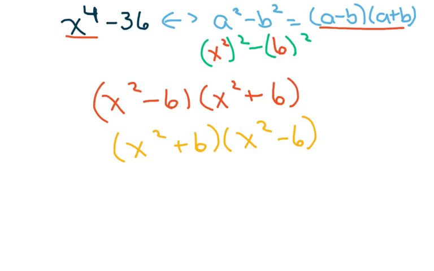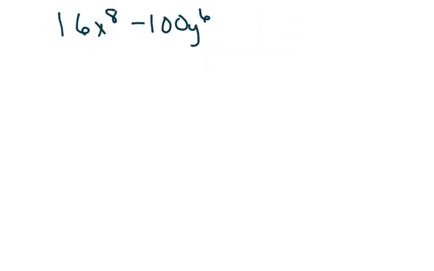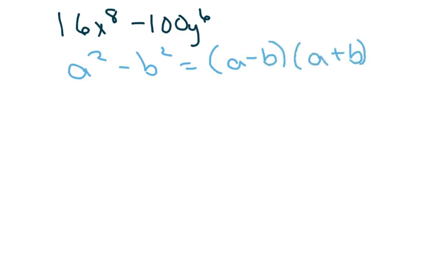Okay, the next one is the same principle. We want to follow the formula of a squared minus b squared equals a minus b times a plus b. So basically I need to know my a and I need to know my b. My a in this case is going to be 4x to the fourth.